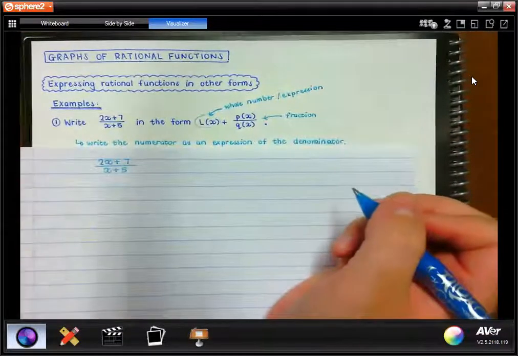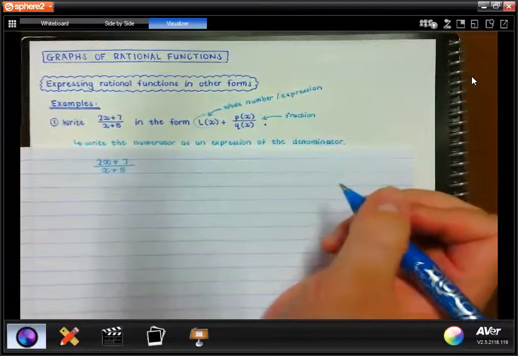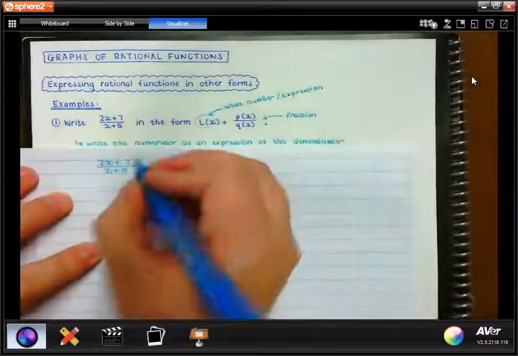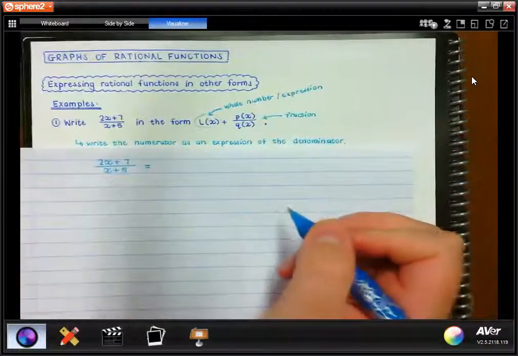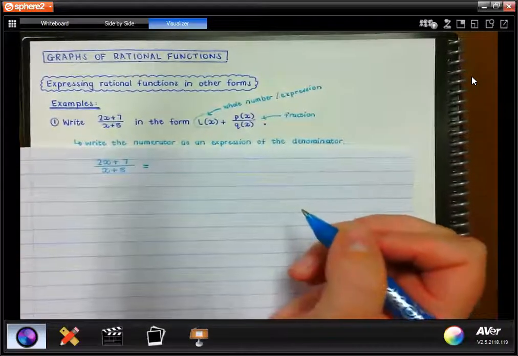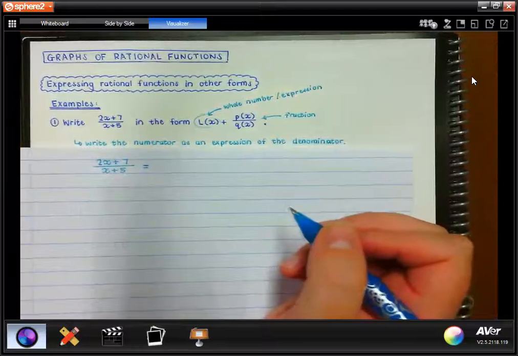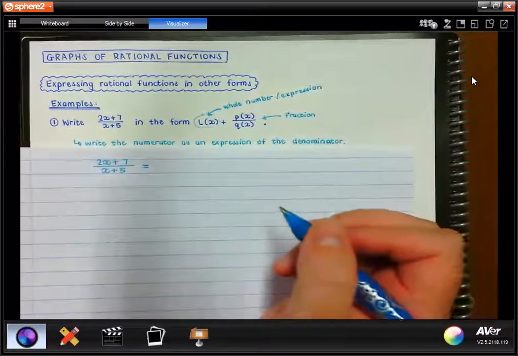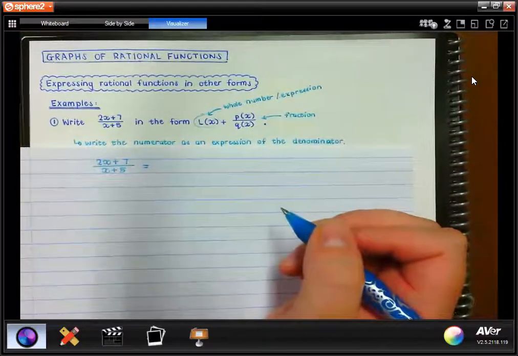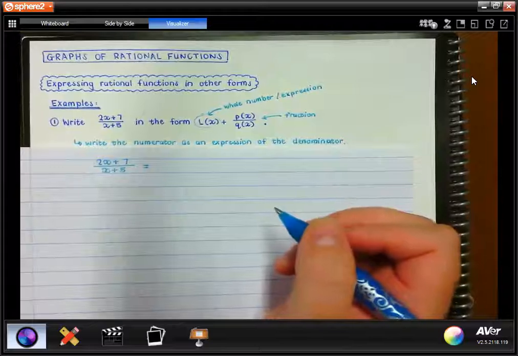Okay, so if we have that 2x plus 7 over x plus 5, we need to try and rewrite the numerator so that we have x plus 5 in the numerator as well, so that we can eventually cancel the numerator and the denominator out in certain parts of the numerator.